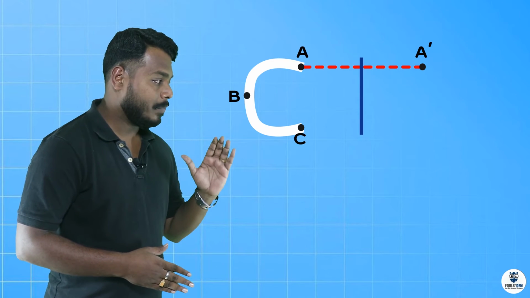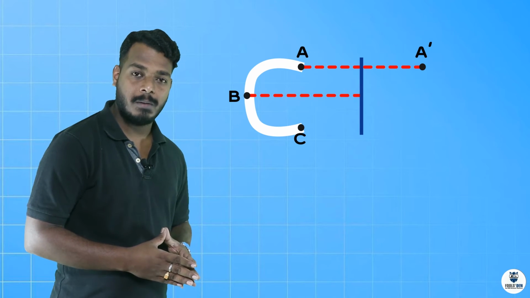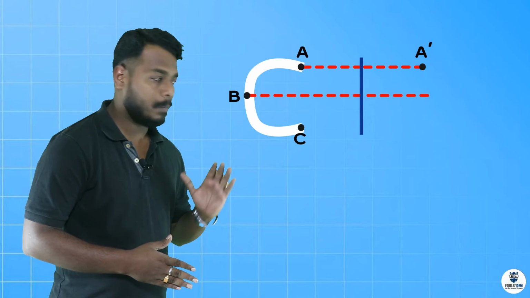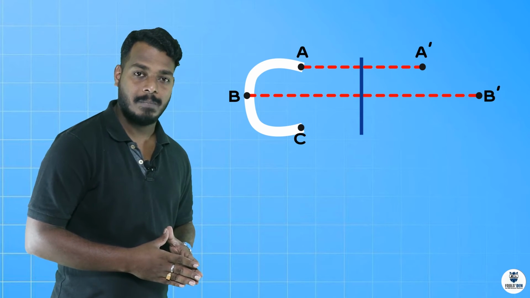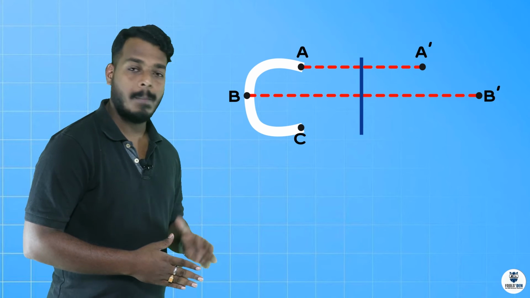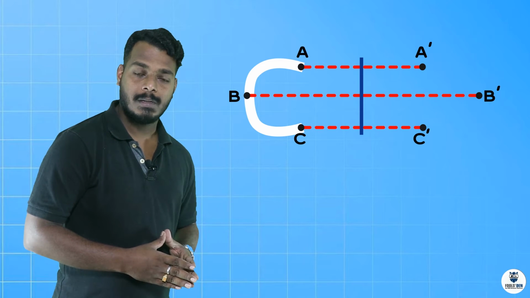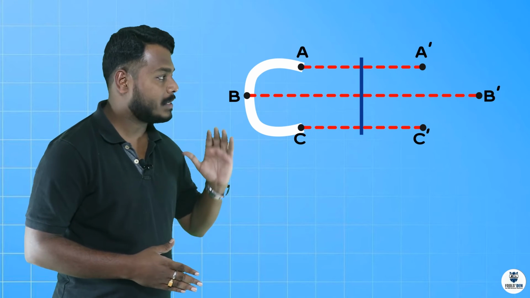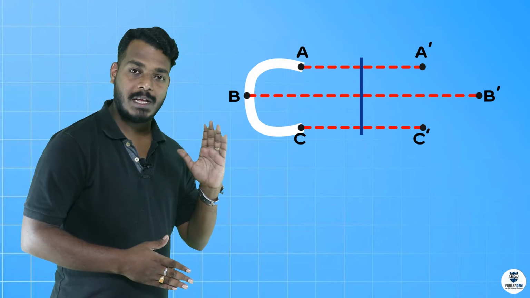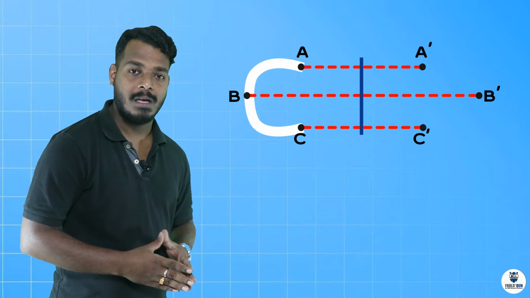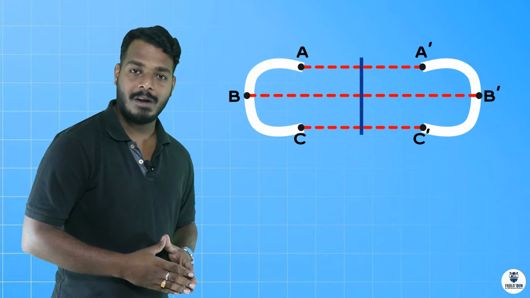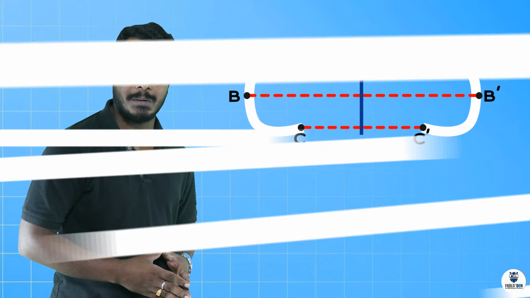Again, see how far is point B from the mirror? Draw a point B dash on the other side of the mirror at the same distance. Similarly, do with point C. Now you have 3 points A dash, B dash and C dash on the other side of the mirror, and if you connect these points, you will get the mirror image of the desired object.